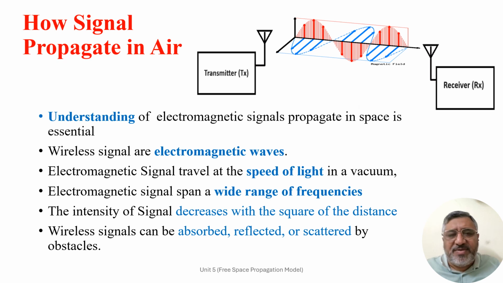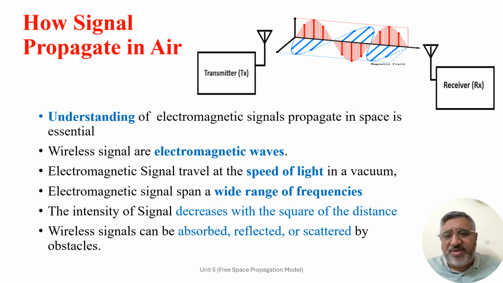Wireless signals span a wide range of frequencies and wavelengths forming the electromagnetic spectrum. Such spectrum includes various types of waves such as radio waves, microwaves, infrared, visible light, ultraviolet, X-rays, and gamma rays. Each type of these waves has a unique frequency and wavelength. Intensity of a wireless signal decreases with the square of the distance from the source, resulting in a decrease in the signal strength when it propagates through free space.